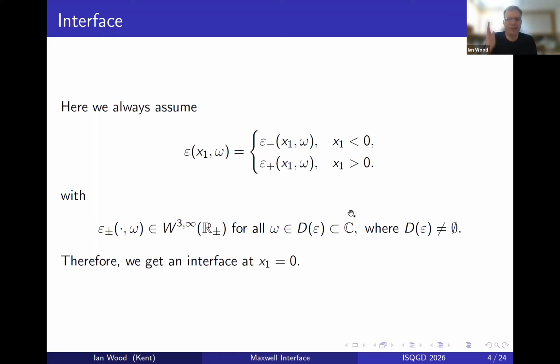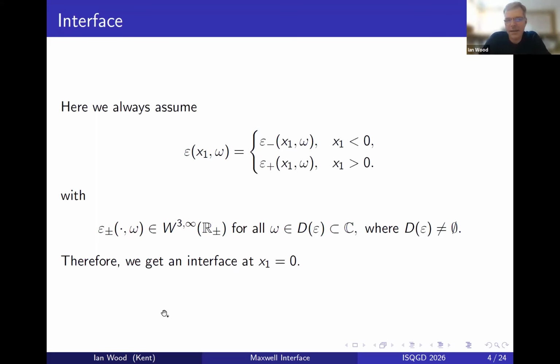So it's clear that if we want to have one interface at x1 equals 0, then we're going to want epsilon minus and epsilon plus to be somewhat smooth away from that interface, and the methods that we use are going to actually require the third derivative to be bounded. I'm not claiming that that's in any way optimal. That's just what comes up with the way we go about things.